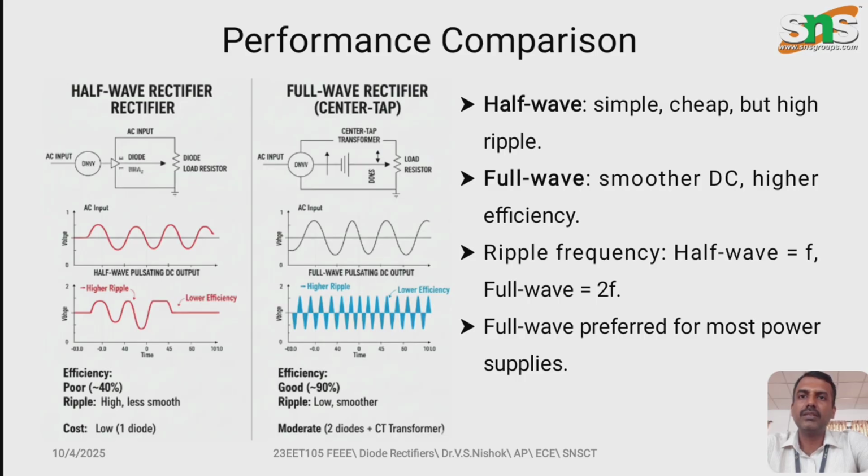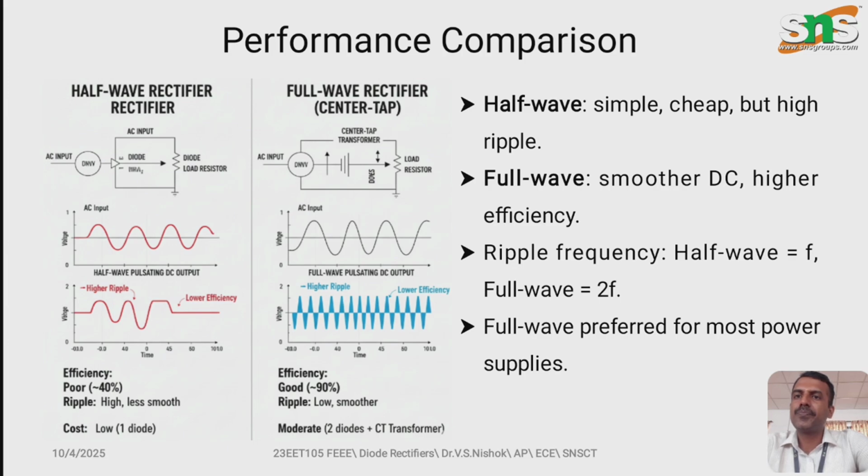Since the half wave rectifier is converting only half cycle, it will have the frequency F, and the full wave rectifier converting the full cycle will have double of that, that is 2F. This is the measure of the AC signal in the output path.